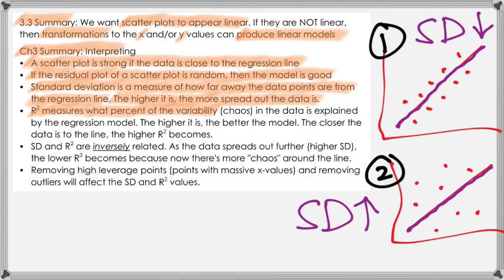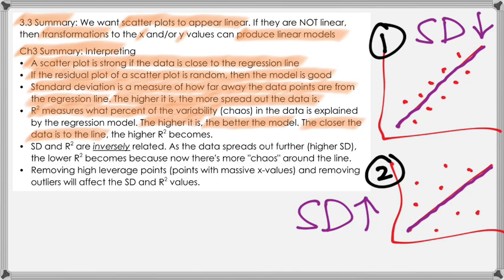And if you don't want to think of the word variability, then you can think of chaos. The chaos in the data set is explained by the regression model, and that is what R squared represents. The higher the percentage is for R squared, the better the model. And the higher R squared is, the closer the data set is going to be to the line.